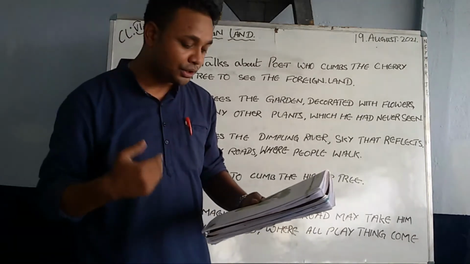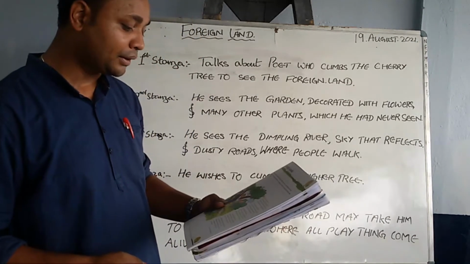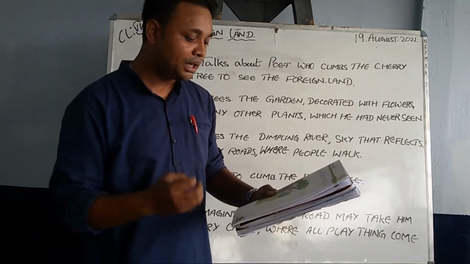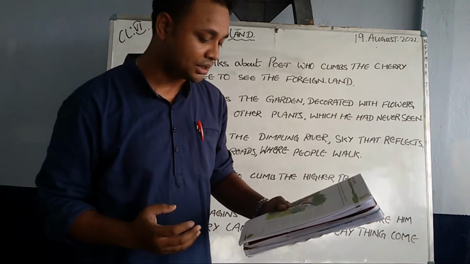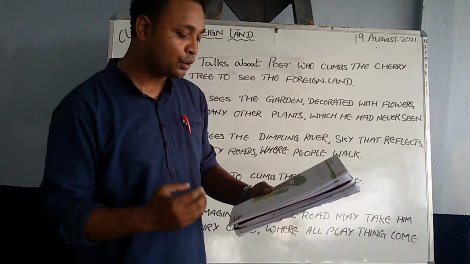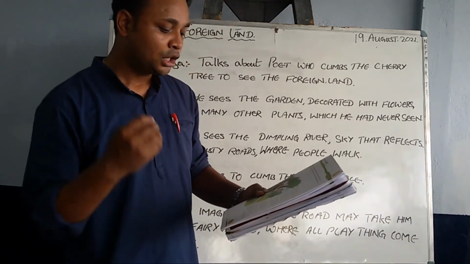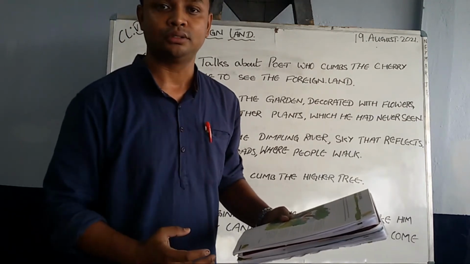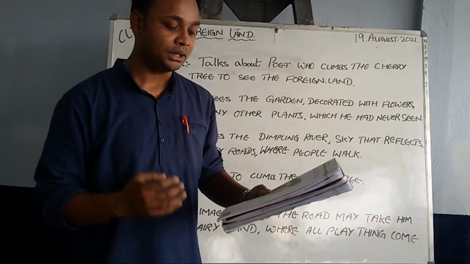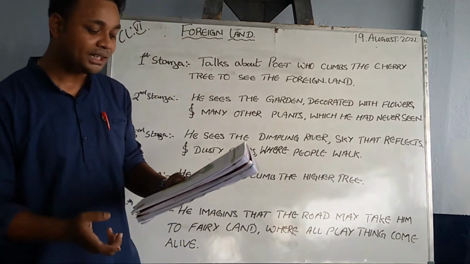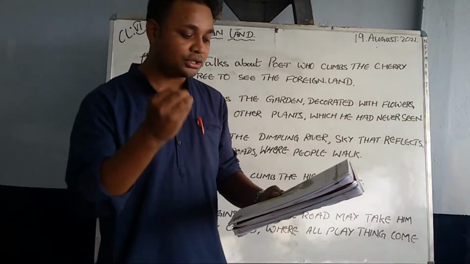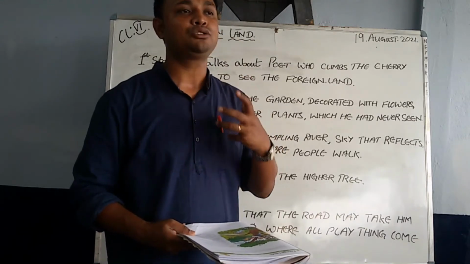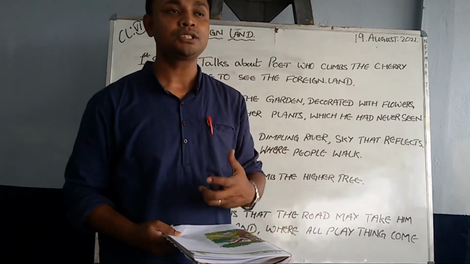Let's see the third stanza. I saw a dimpling river pass and be the sky's blue looking glass. The dusty road go up and down with people trampling into town. Now what is the dimpling river here?